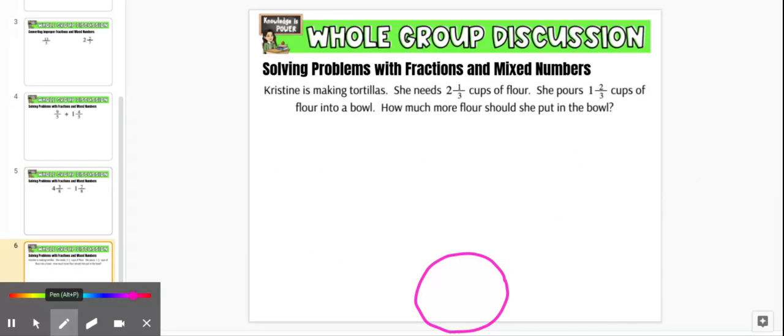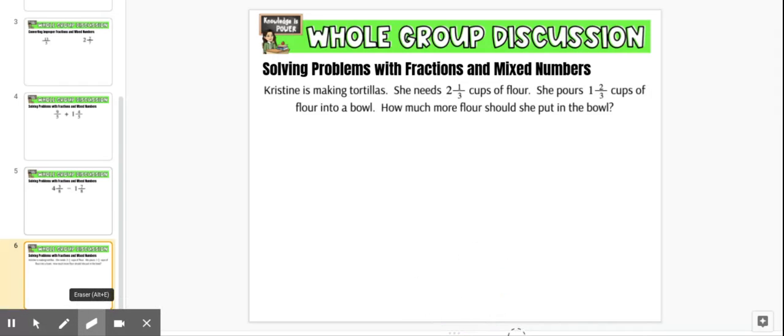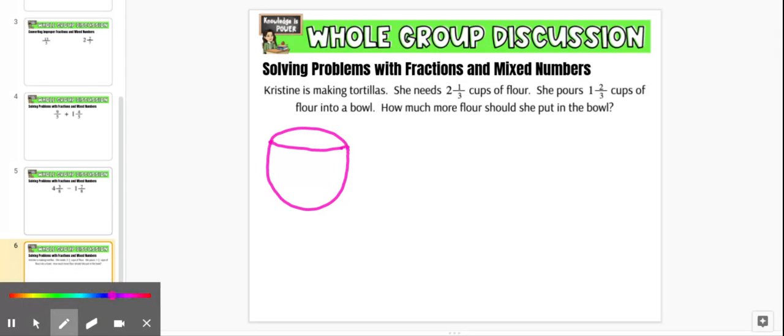All right, finally, we are going to go over this word problem. I don't know why that stayed on there. This word problem together. Christina's making tortillas. Okay, so I'm going to draw a big bowl that I'm putting my ingredients into. She needs 2 1/3 cup of flour.